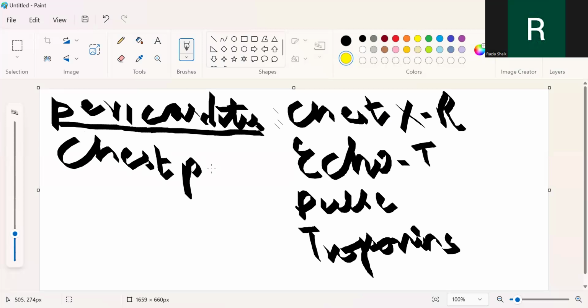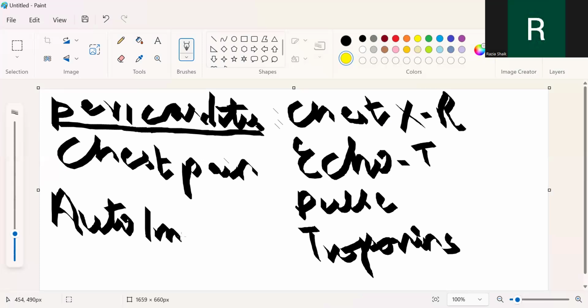What are the causes of pericarditis? Let's move on to this topic. The causes are very few, one of which is autoimmune. This is the most common cause in the US. In India, it used to be TB, whereas here it is autoimmune.